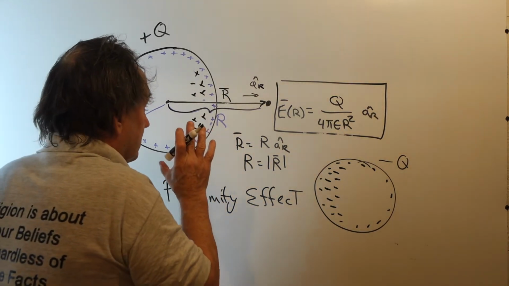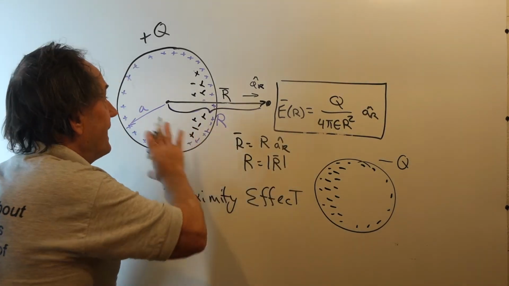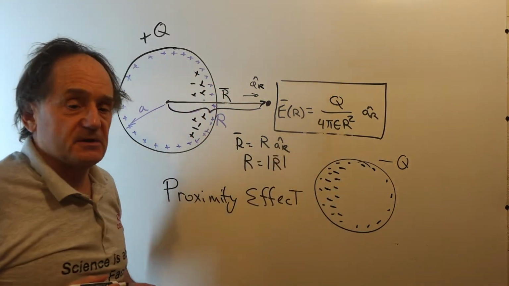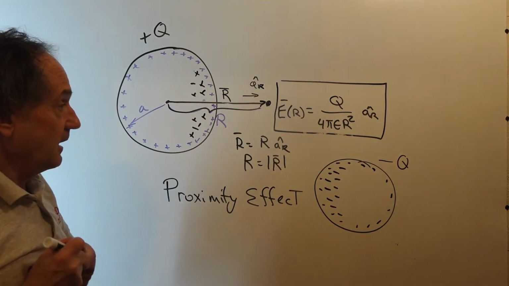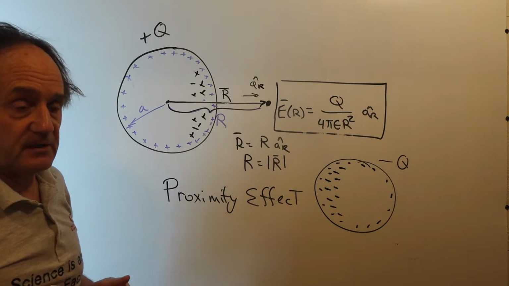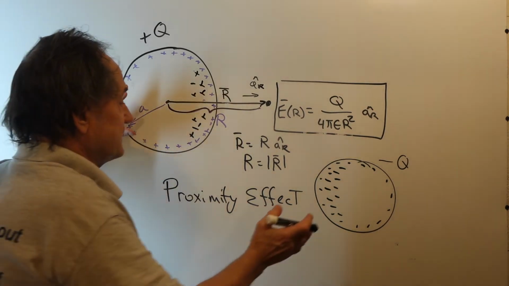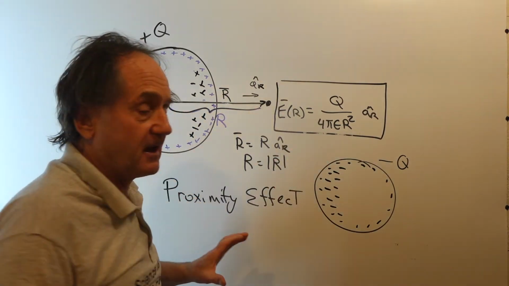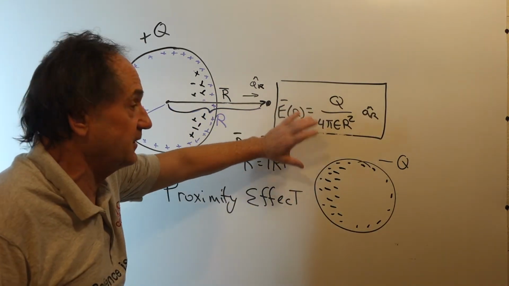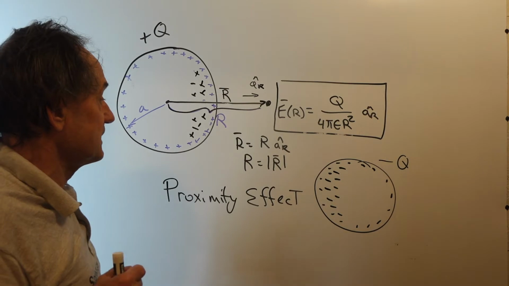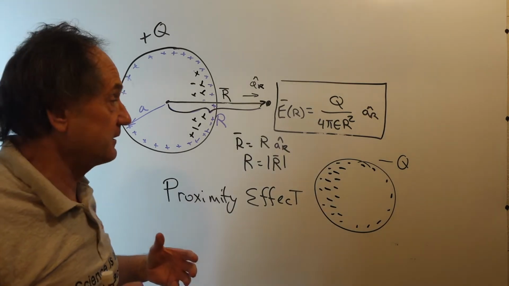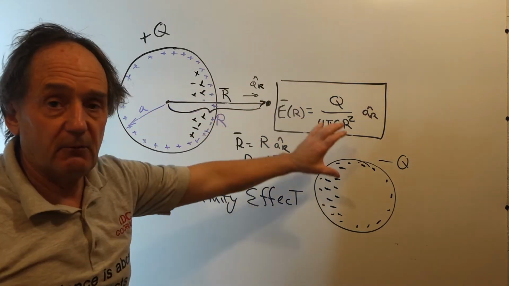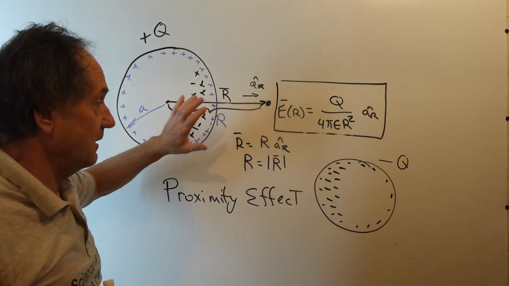Now, this assumption that we're making that the charge will uniformly distribute itself on the sphere is a very good approximation. It turns out with the proximity effect there's a slight redistribution and it changes the value of the electric field, and hence the capacitance, but it's not a strong effect, and the derivation that we're making is pretty good.